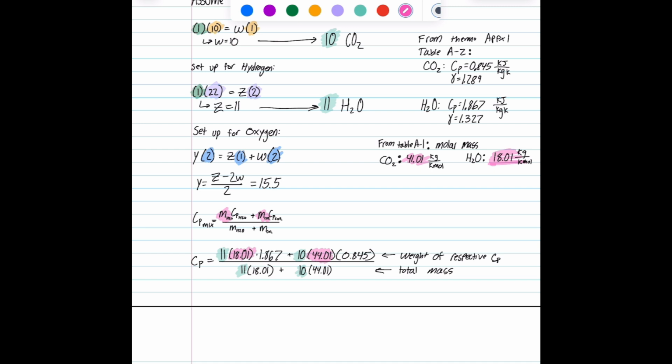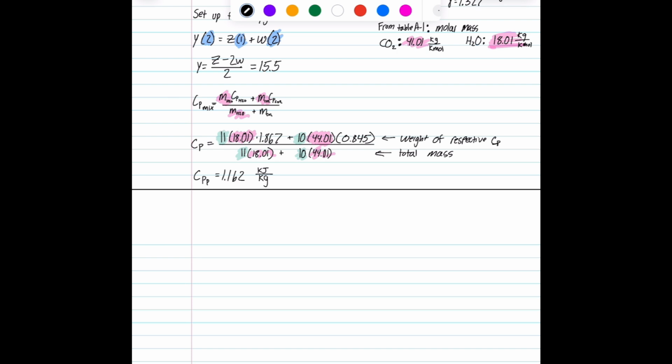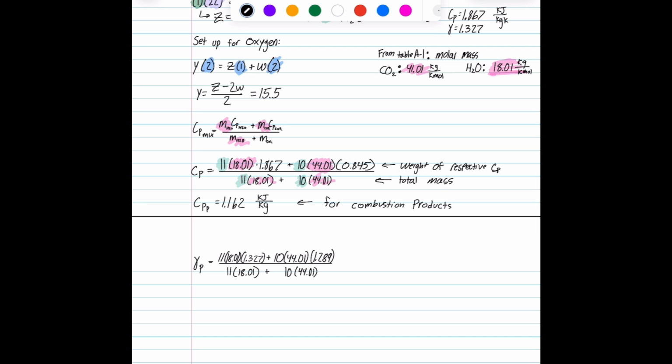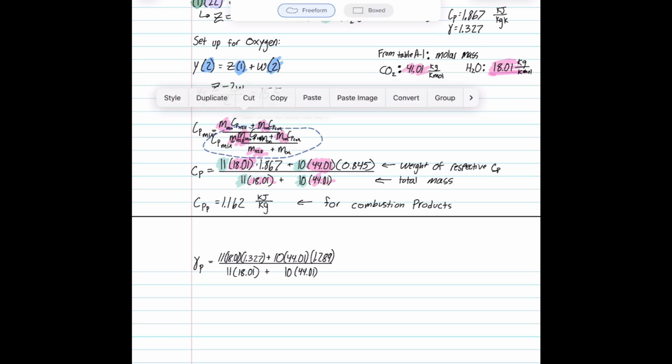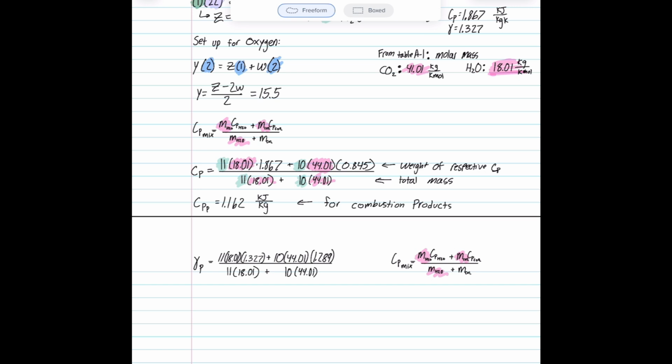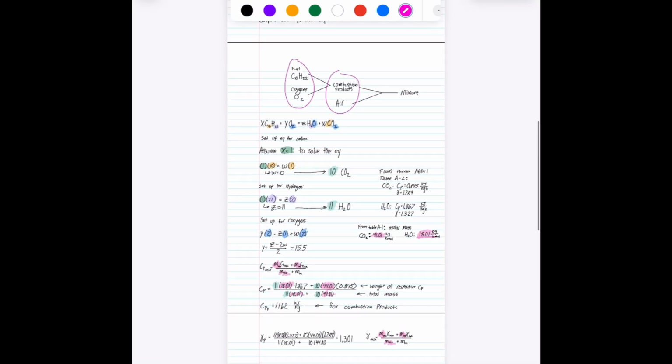And then on the right, 49 is the molar mass of H2O. And yeah, just plugging everything in, we can get the Cp of the combustion products. And then we can also find the gamma of the combustion products as well. And that's this equation right here, just replacing the gamma for all the Cps, and we can find the gamma of the combustion products is 1.301.